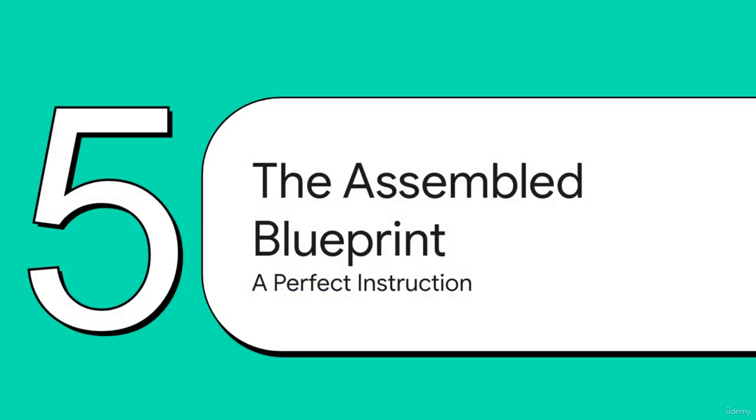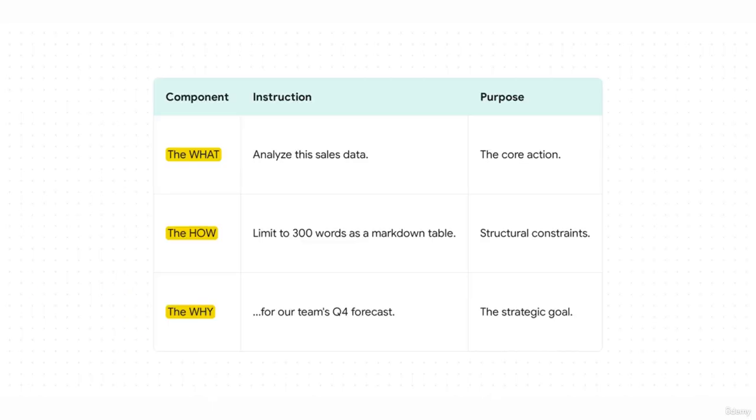All right, let's see how all these components assemble into a single, powerful blueprint. An instruction that leaves absolutely nothing to chance, and it's engineered from the very start to deliver a high-quality, targeted response every single time. And here it is, the final blueprint in action. Just look at how these components work in perfect synergy. The what is the core directive.